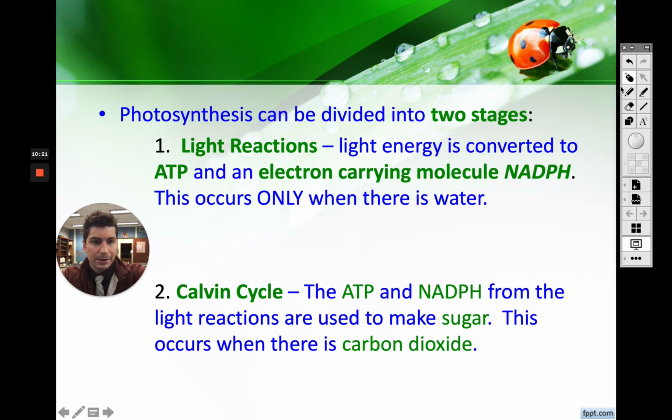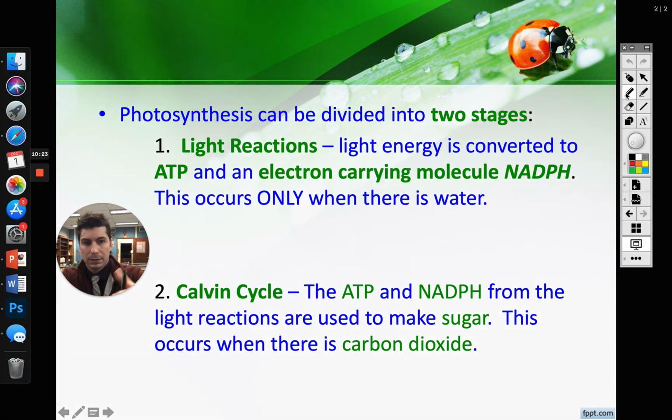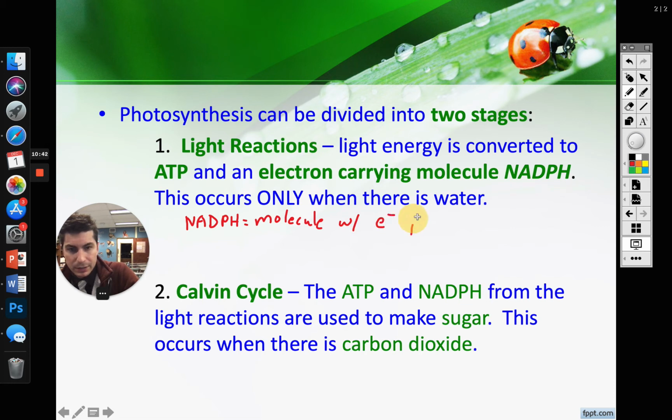We are going to have NADPH, this is the molecule with the electron. I'm just going to do E- for electron present. So it has an electron. In other words, it's just chilling there carrying an electron.